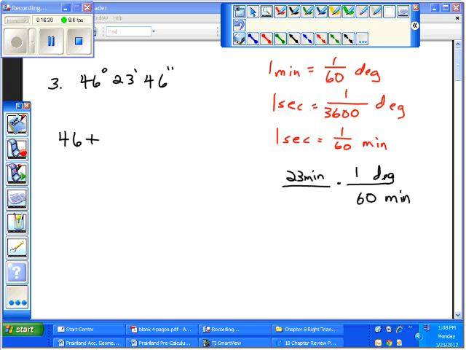And I know that 1 degree is 60 minutes. And so now I'm not really multiplying by 60. I'm multiplying by 1/60th. And we learned that when you go from a smaller to a larger, you really divide instead of multiply. So I'm going to take those 23 minutes and multiply by 1/60th to change them to degrees, right?